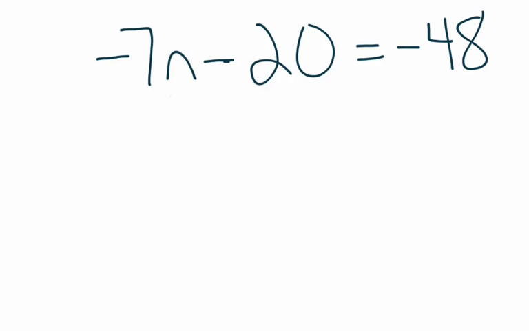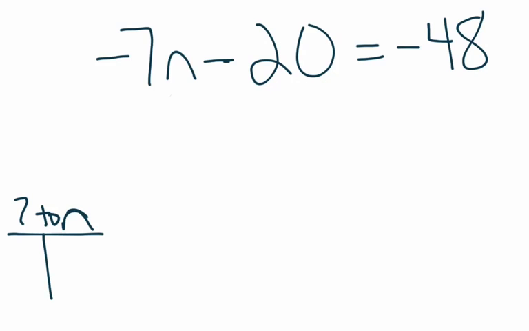Negative 7n minus 20 equals negative 48. The first thing that I notice is I'm going to write down here what's happening to n.